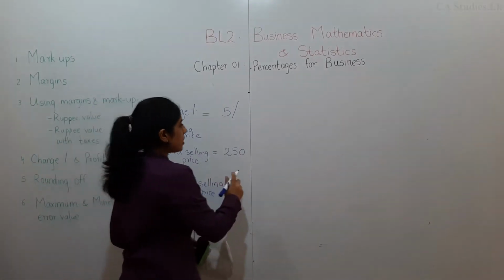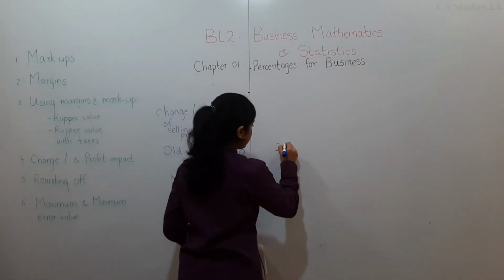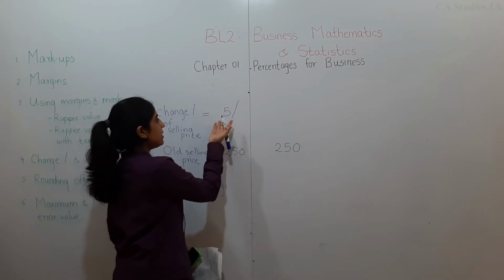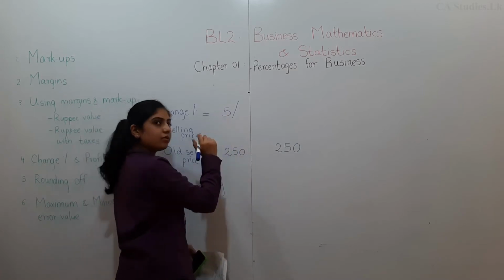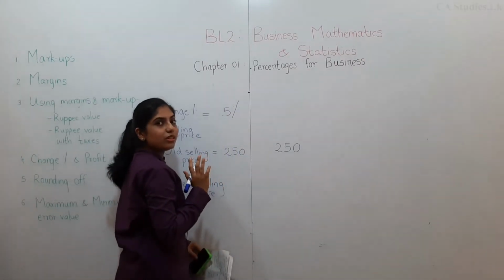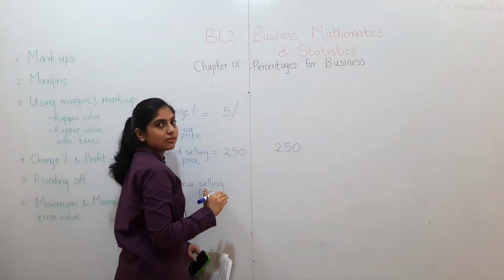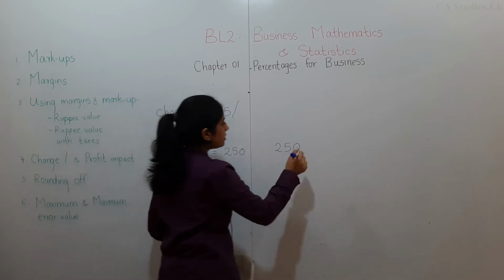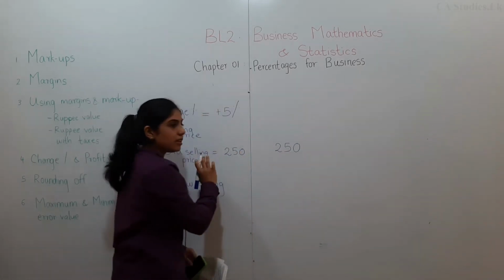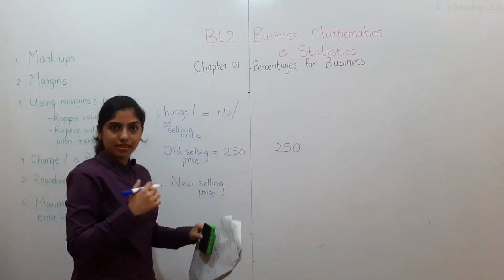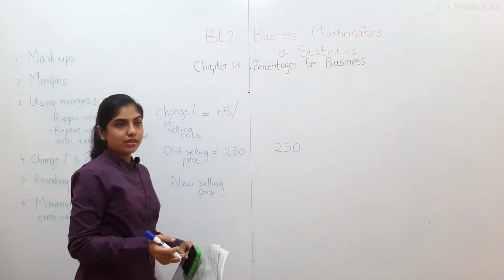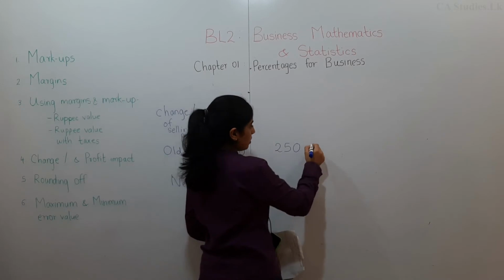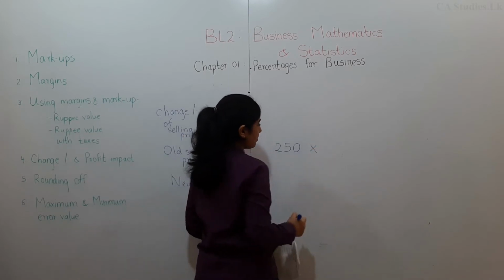Old selling price is 250 rupees. If they didn't give any sign, it means it is a plus. Hence, it's indicating that the price has increased.